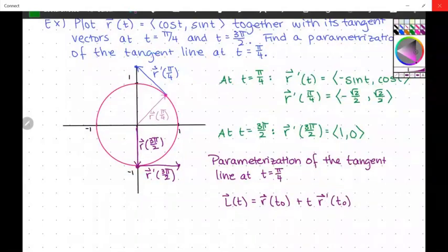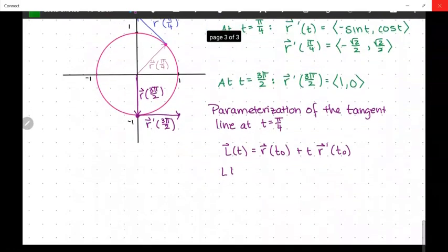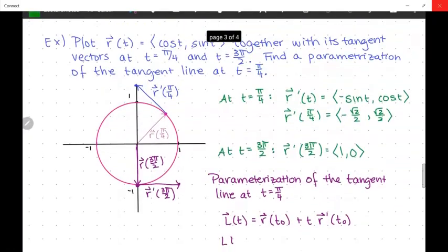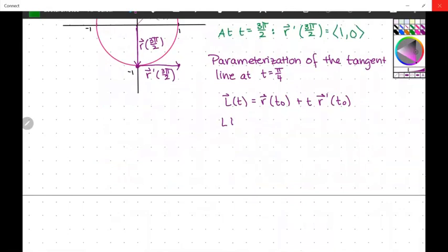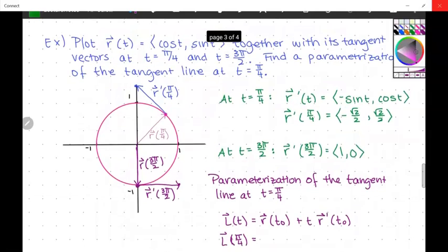All right, so we're going to plug in pi over 4. Now, we have our vectors up here. So as far as r goes, we're going to plug pi over 4 into that vector at the top line.